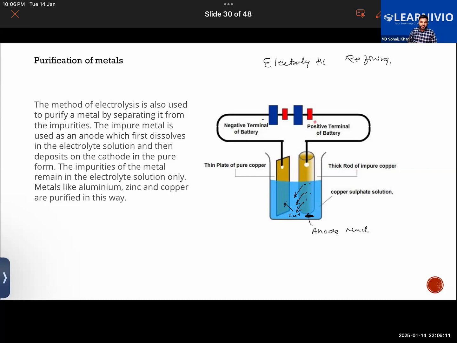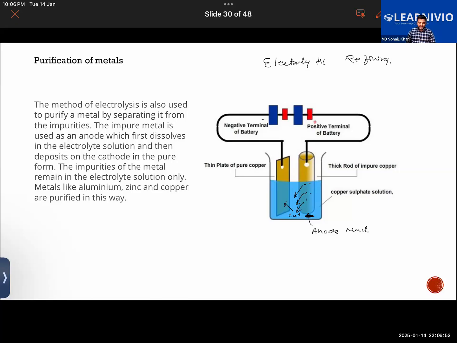The impure metal is used as an anode, and the pure copper plate is used as a cathode, and the impurities of the thick copper rod dissolve in the electrolyte solution, and then the rest is deposited on the pure copper strip, and the impurities are left in the electrolyte.